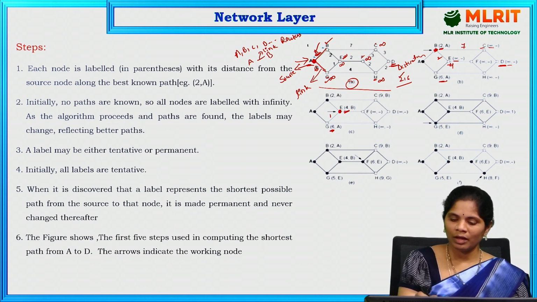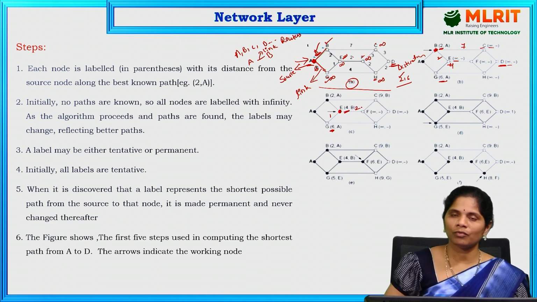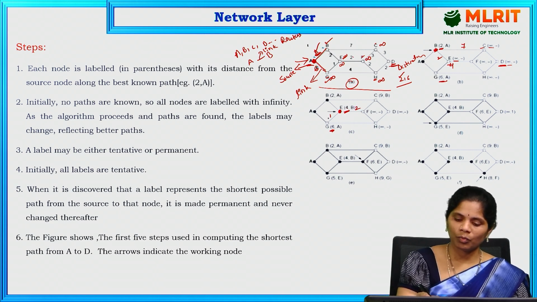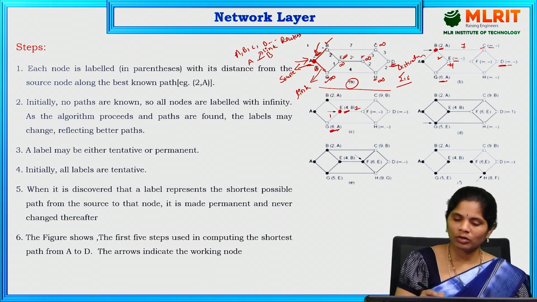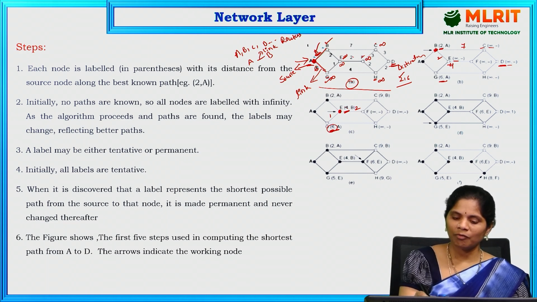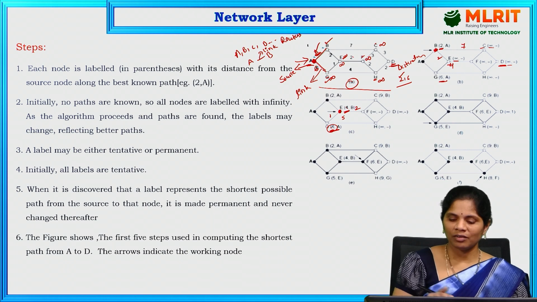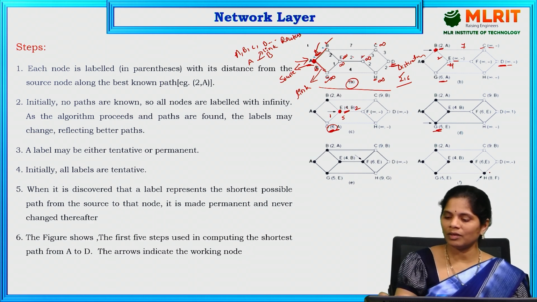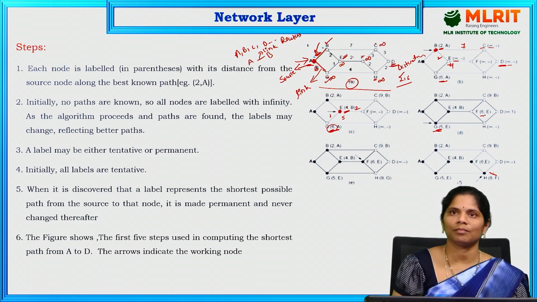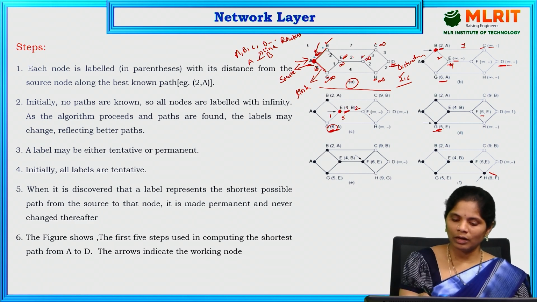The next neighboring node, E to F, is 2. If we go this way, 4 plus 1, it can be updated with 5. This 6 is going to be updated with 5, because 6 is there but 4 plus 1 is 5. That's why the 6 is updated with 5. That is the G node. Next, 4 plus 2 is 6. That's why it is going to be updated with 6. That is the F node. So till here we are there.